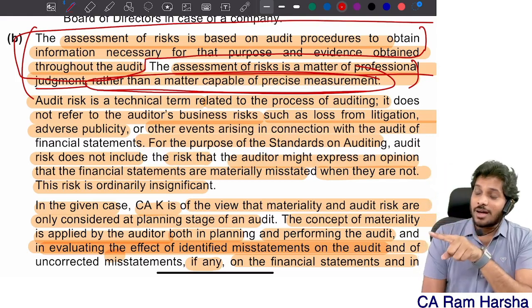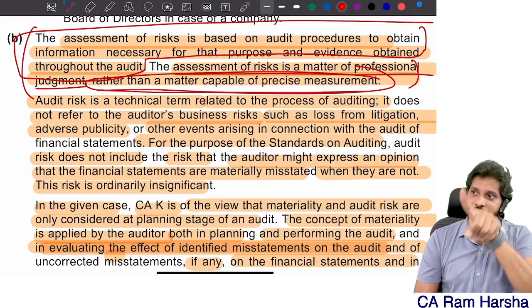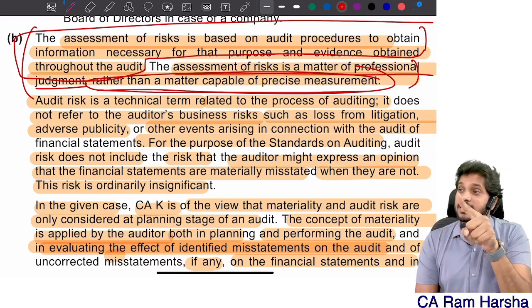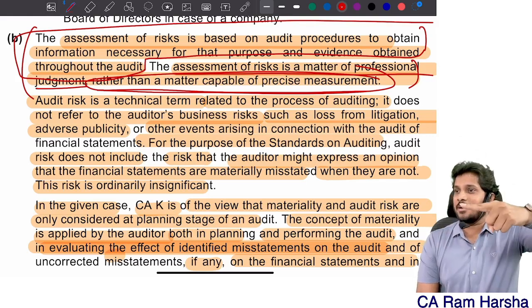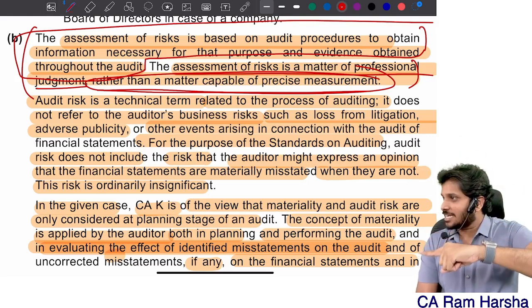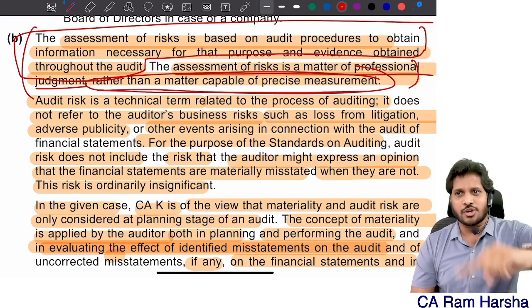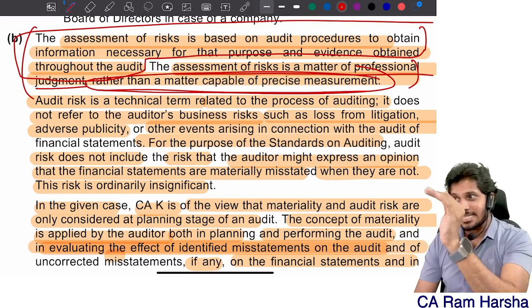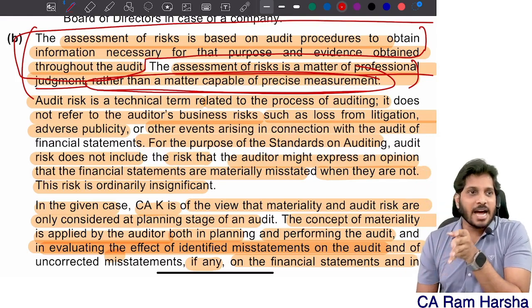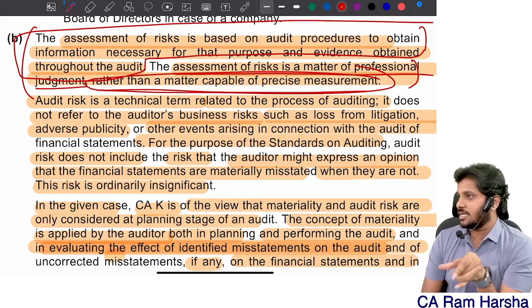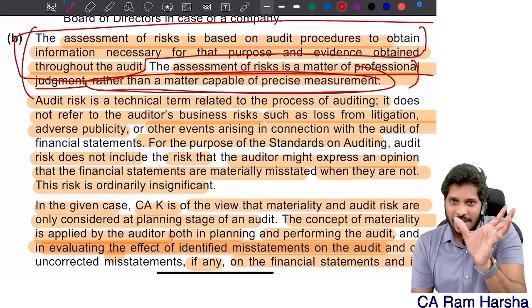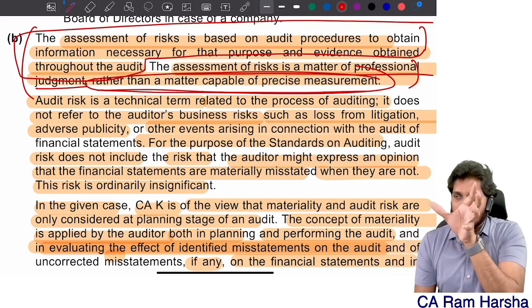And moreover, if at all they specifically ask how the risk is assessed, the risk assessed will be classified into two levels. What are they? Exactly. Financial statement level and assertion level. Even if they give that answer, it is to some extent acceptable, because that is the assessment level of risk. So they didn't answer the assessment specifically. The question they asked, but they didn't answer specifically here. They just acknowledged it. That's it. So whatever they asked, they didn't.